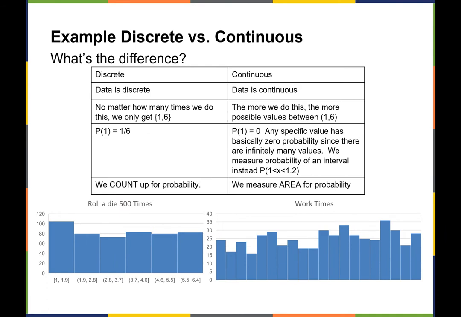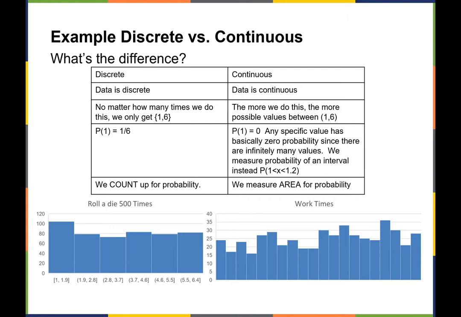Let's look at the difference between these two. On the discrete probability distribution functions, the data is discrete particular values. On the continuous distributions, it's any number in a range. In the discrete ones, we're only going to get 1, 2, 3, 4, 5, or 6. On the continuous, we can have any number between 1 and 6.